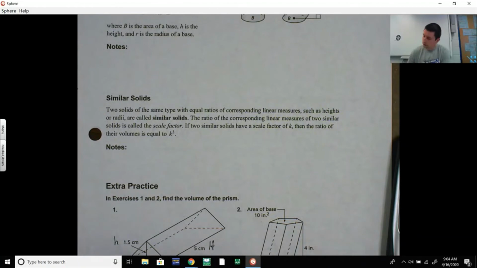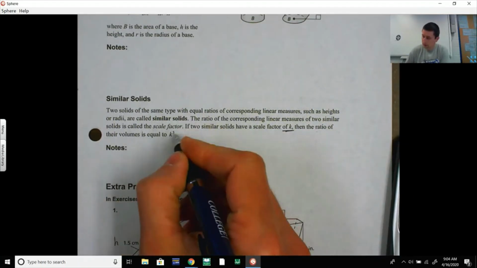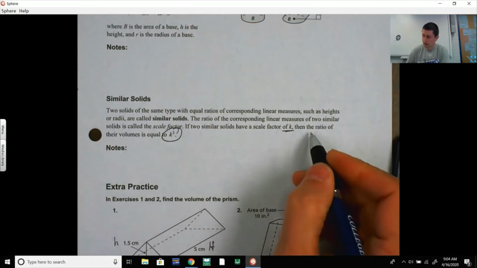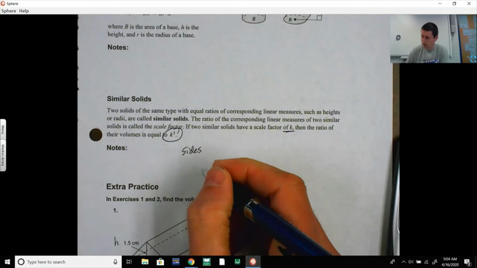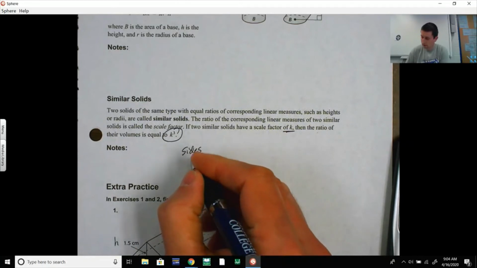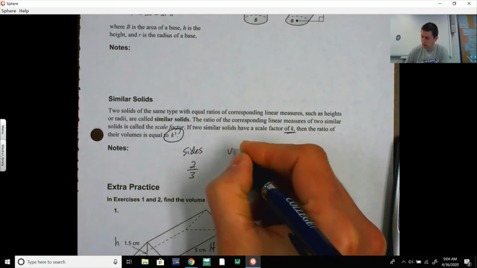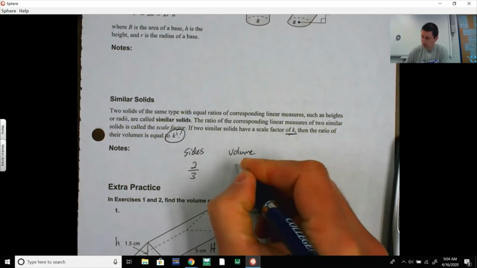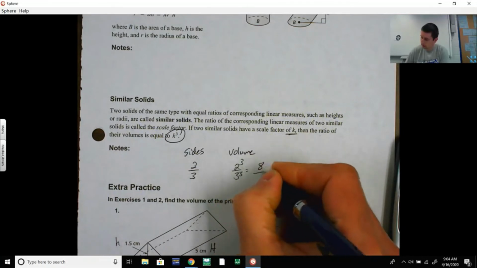If two similar solids have a scale factor of k, then the ratio of their volumes is equal to k cubed. Okay? So if their sides have a scale factor of 2 to 3, that means the volume will have a scale factor of 2 cubed over 3 cubed, which would be 8 over 27.